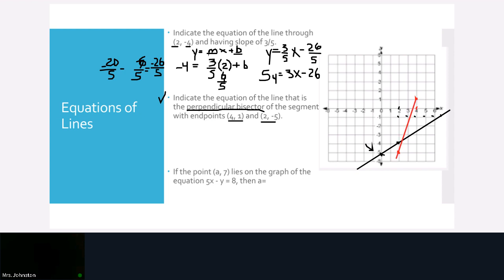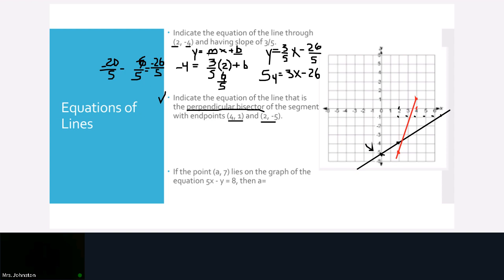They're asking us for an equation of a line that is the perpendicular bisector of this line. And not only that, we don't know what the slope of it is, and we don't know any points on that line. However, we can calculate the slope of this line, and there is a relationship between the two. So I can either count it or I can calculate it using my formula.